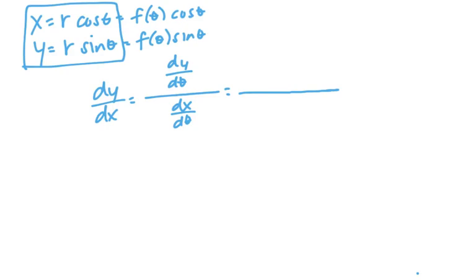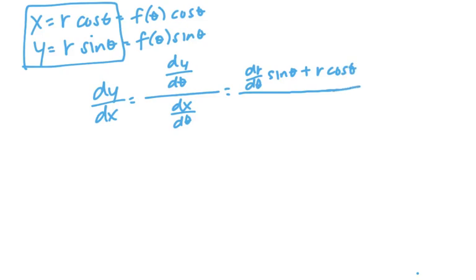So let's take the derivative of r to be the derivative of r with respect to theta. We don't know what that is. And then we keep the sine theta, because it's product rule, plus we keep the r, and the derivative of sine theta is cosine theta.